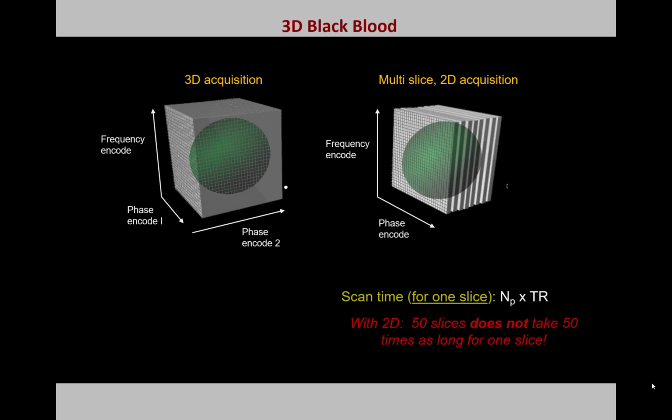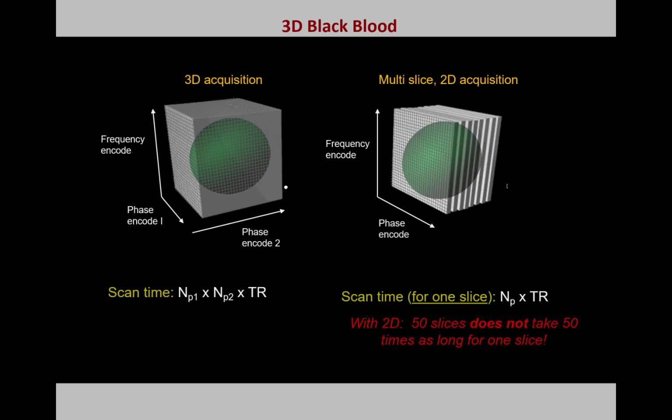3D imaging brings some advantages. For example, there are no slice gaps. It's easy to reproject this data later to look at it from any orientation, and it's good for high-res and high SNR imaging. The problem is the scan time. The basic equation for 3D acquisition scan time is the product of the TR time with the number of pixels in both phase encode directions.